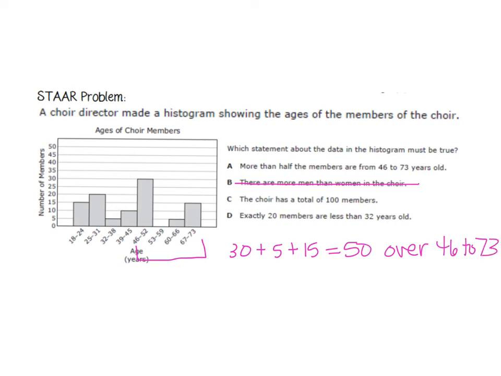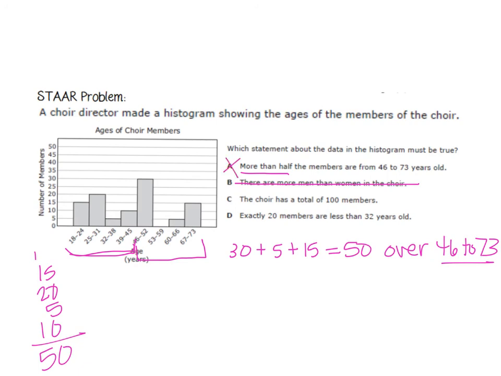Well, that's a decent amount of numbers, but I have to know what my other half is. I don't have my total yet. So now I need to add up the other half here. So I have 15 and 20 and 5 and 10. And so that adds up the lower part. And when I get that, I find that I have 50 also. So more than half is over in this age group, and that is not true. Exactly half is, but not more than half.